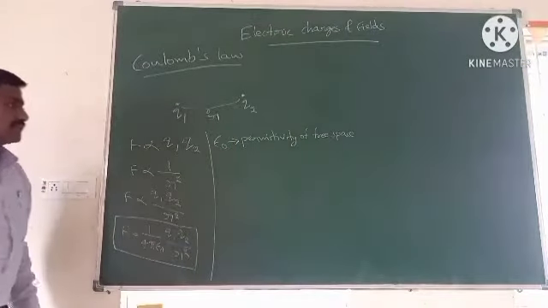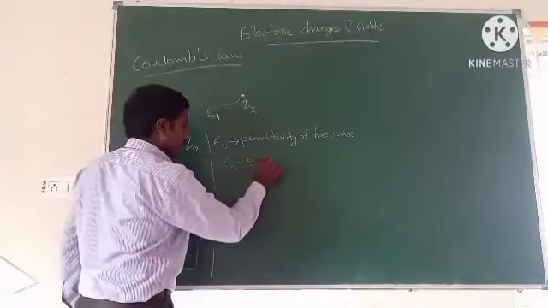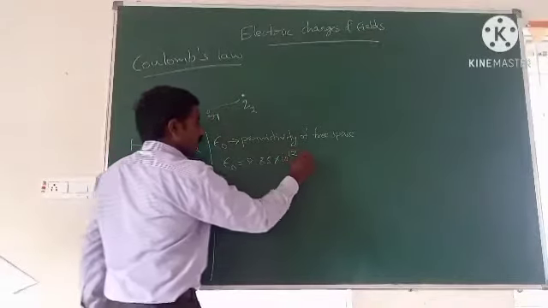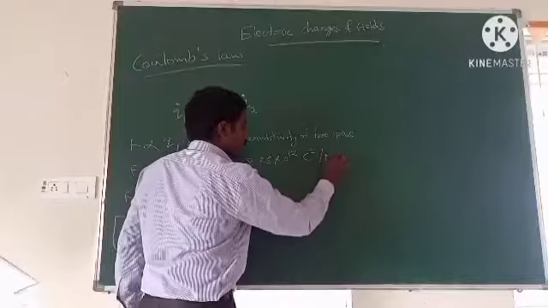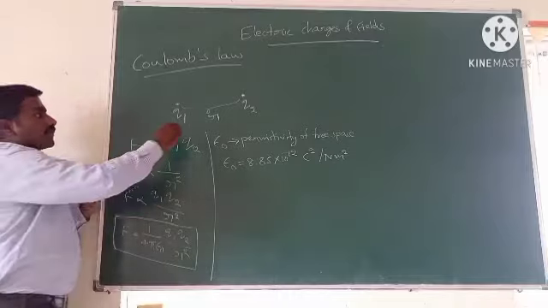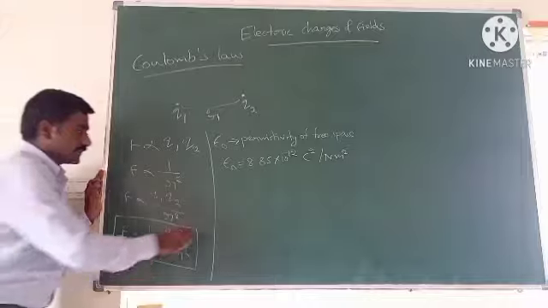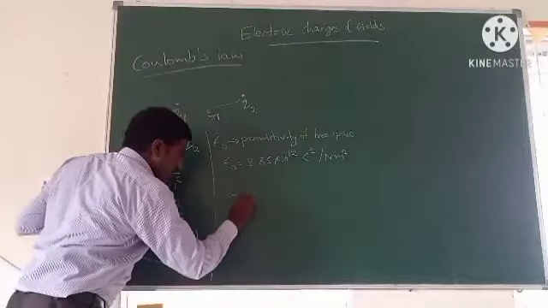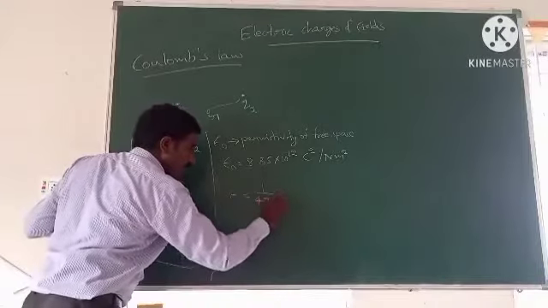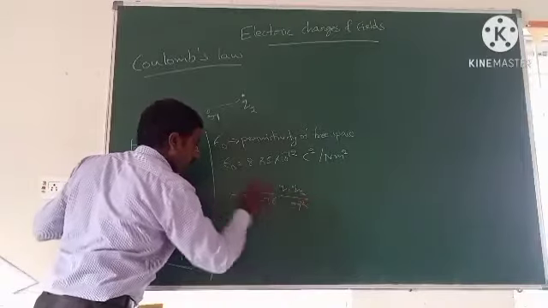Epsilon naught is called permittivity of free space. Its value is epsilon naught equals 8.85 into 10 to the power minus 12 Coulomb square per Newton meter square. If any other medium is present between these two point charges, then the force of interaction is F equals 1 by 4 pi epsilon Q1 Q2 by R square.